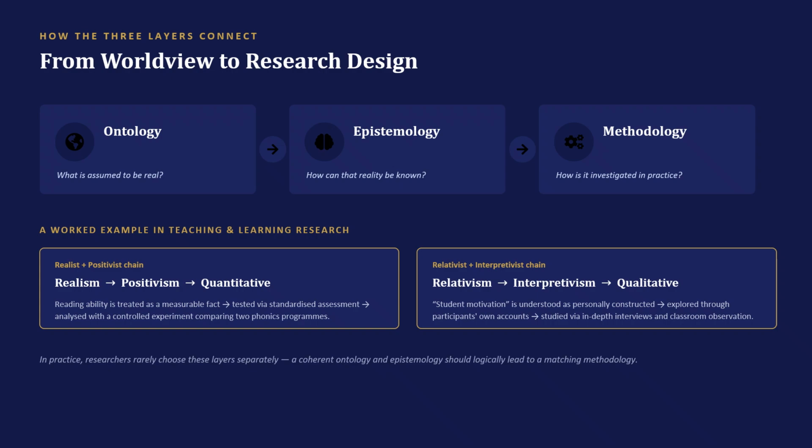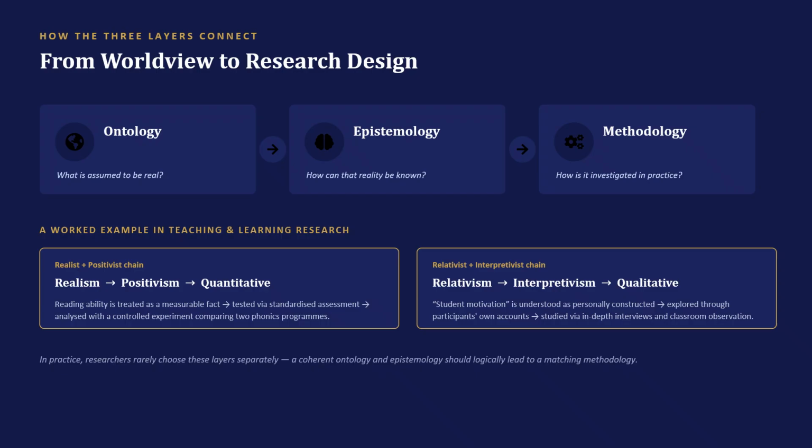And if you are going to go a bit further, we have the realist, positivist chain. What is this? Realism and positivism. Realism is the ontological view. Then positivism is the epistemological view.